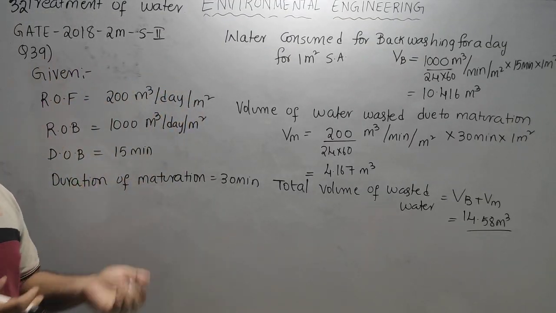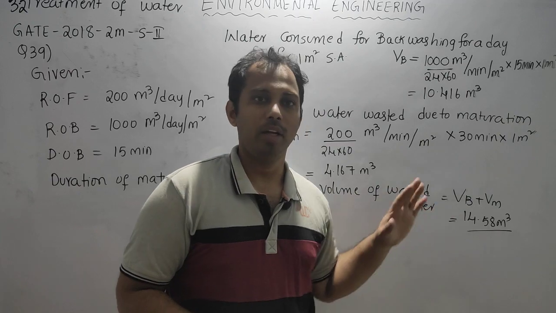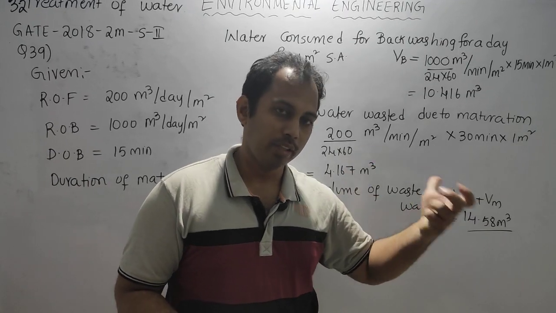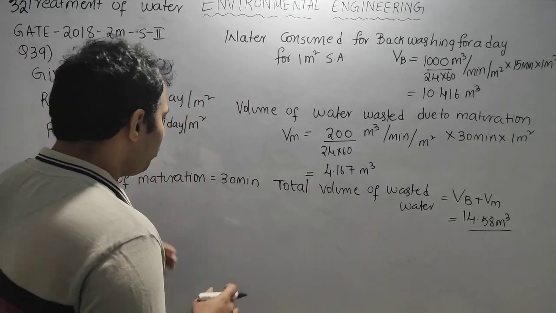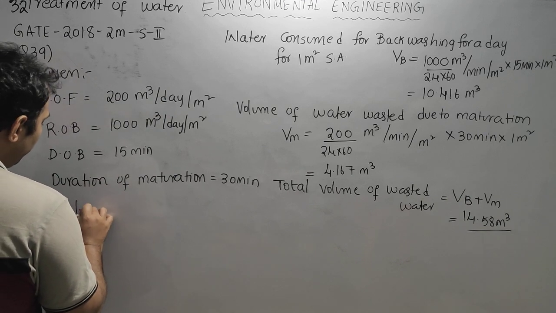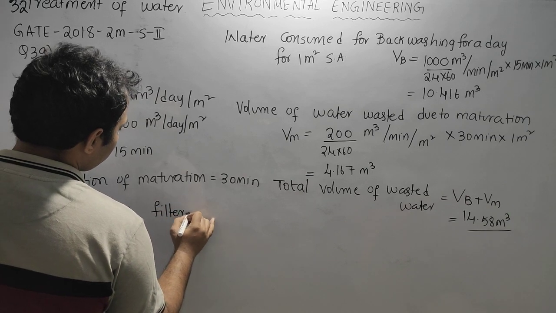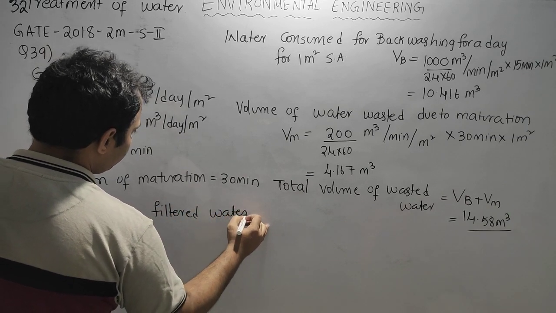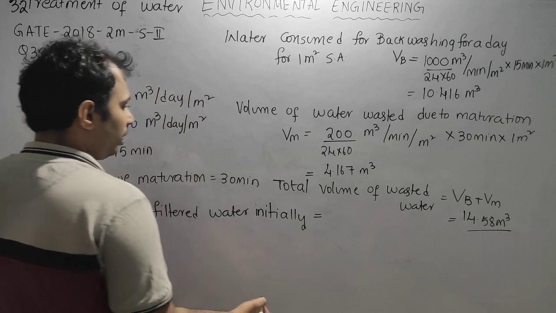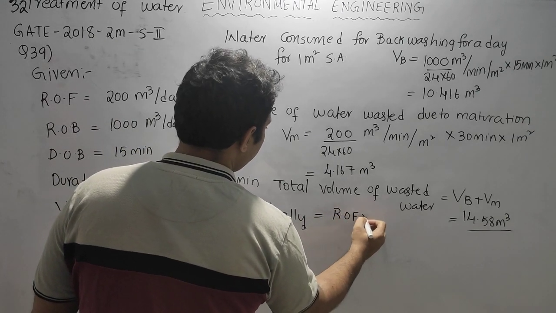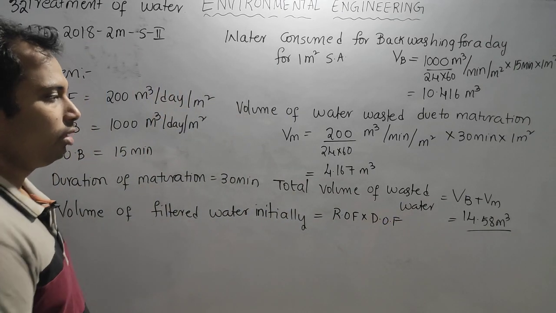He is asking for it as a percentage. Percentage means the extra difference divided by the initial, into 100. So what is the earlier filtered water volume? The volume of filtered water initially is equal to the rate of filtration into the duration of filtration, into surface area.